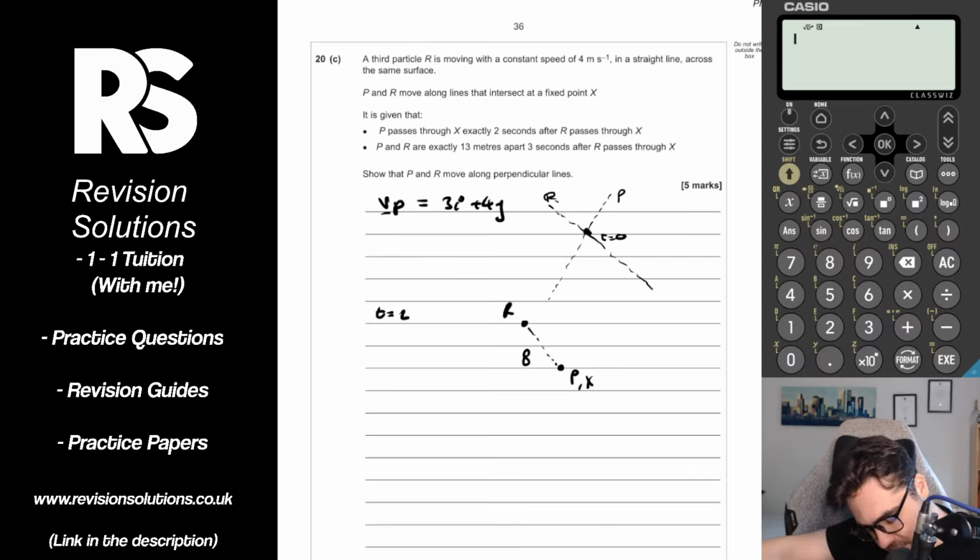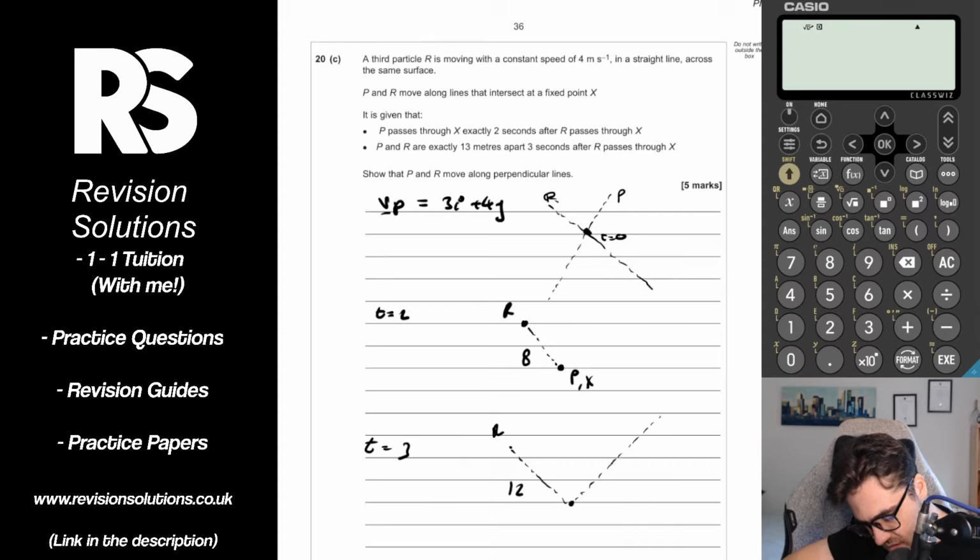And then let's think what happens a little bit later at t equals 3. If this is point X here, R will have traveled a little bit further. That would be another 4 meters, so for R this would be 12 meters. And we can think about how far P would have traveled.